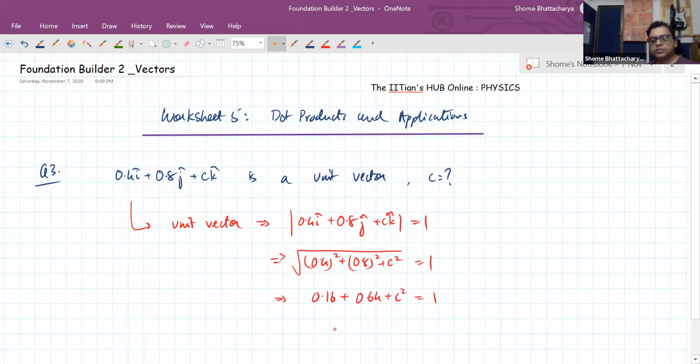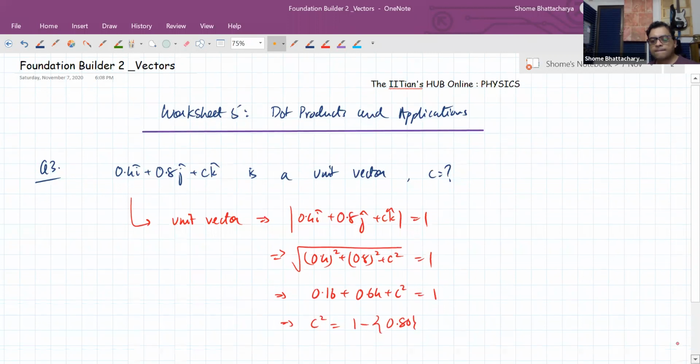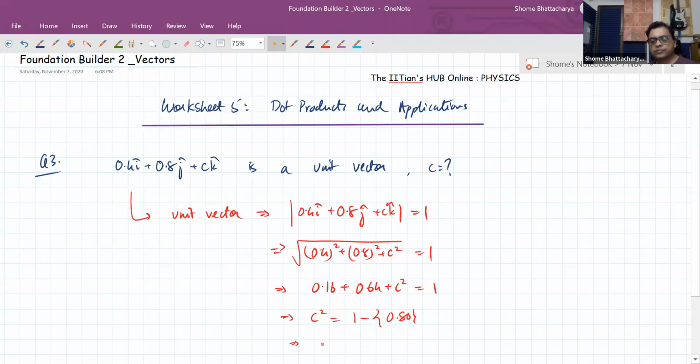It will be 1 square, which is 1 only. So c square is 1 minus 0.16 minus 0.64, that is 1 minus 0.8. So c should be square root of 0.2.